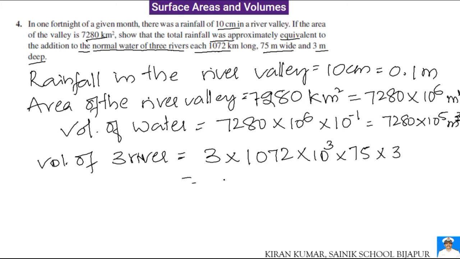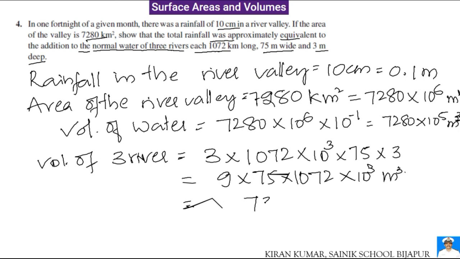So what will be the value? This will be 9 times 75 multiplied to 1072, 10 to the power of 3 meter cube. Approximately we will get it as 7326 into 10 to the power of 5 meter cube.